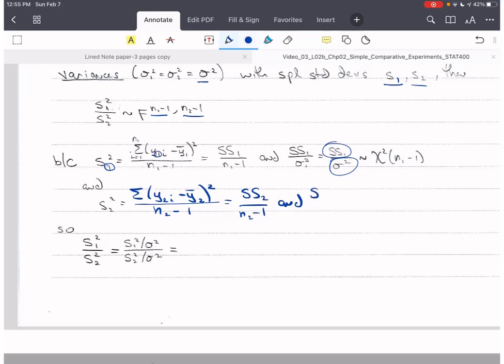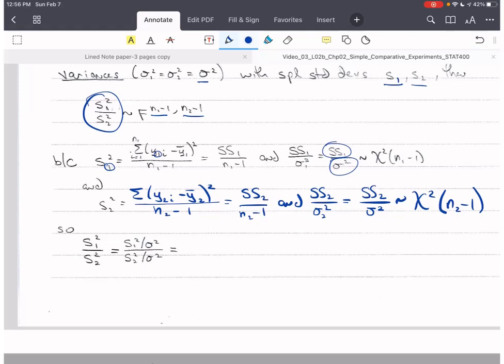And then we know that SS2 over sigma 2 squared is the same as SS2 over sigma squared, and it also has a chi-squared distribution, but now with n2 minus 1 degrees of freedom. So I can rewrite S1 squared over S2 squared here as S1 squared over sigma squared over S2 squared over sigma squared, right? So these would cancel out, so that's how we get this.